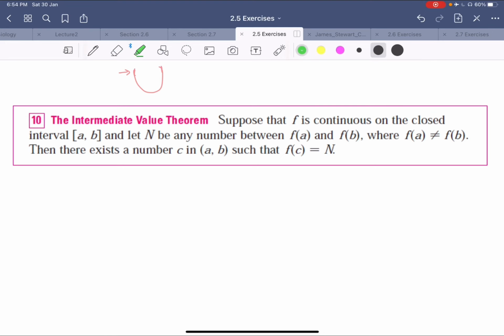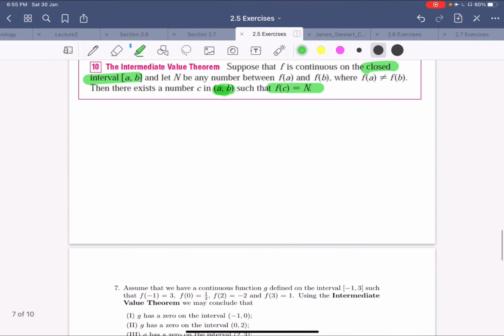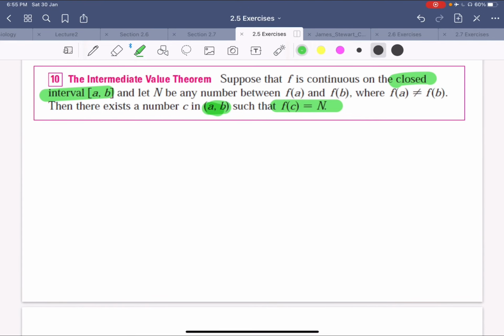فهون on the closed interval [a, b] and let n be any number between f(a) and f(b), the image of a and the image of b, where f(a) doesn't equal f(b). Then there exists a number c in (a, b) such that f(c) equals n. يعني بالدالة اللي عنا إياها رح يكون عنا الدالة closed interval, so the limit from the left will be available and the limit from the right will be available. أول شي رح نطلع f ال a ورح نطلع f ال b, تمام.